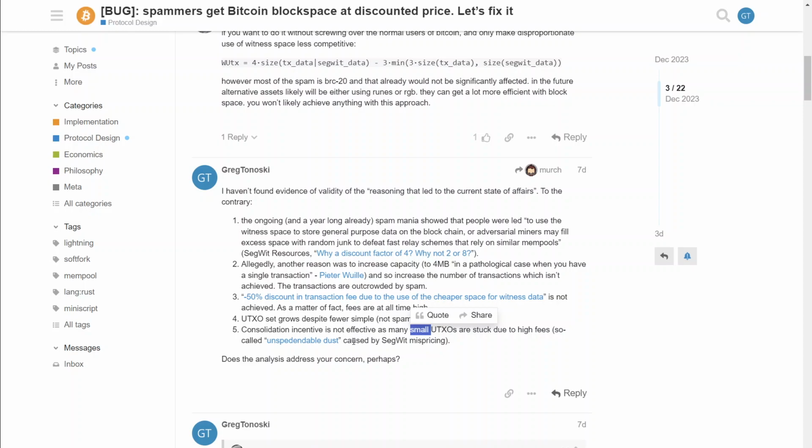Another reason, which was not advertised loudly, was to make Lightning channel opening and closing cheaper, because Segwit was this kind of upgrade to Bitcoin that enabled Lightning.